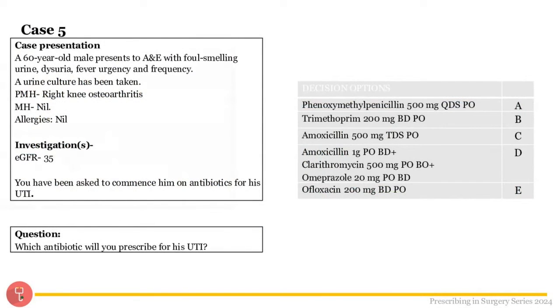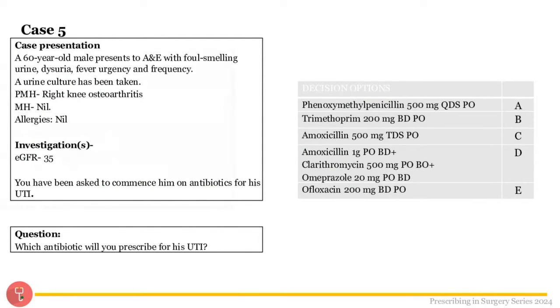So case 5, a 60-year-old male presents to A&E with foul-smelling urine, dysuria, fever, urgency and frequency of urine. Urine culture has been taken. In terms of his past medical history, he's got right knee osteoarthritis. He doesn't currently take any medications, and he has no known drug allergies. It's noted that his EGFR is 35.